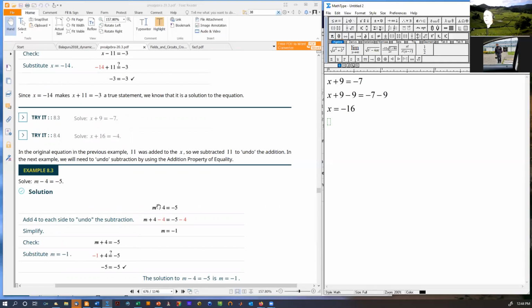Here they've got the example, m plus 4 equals 5. So m plus 4 minus 4 equals -5 minus 4. This isn't right.